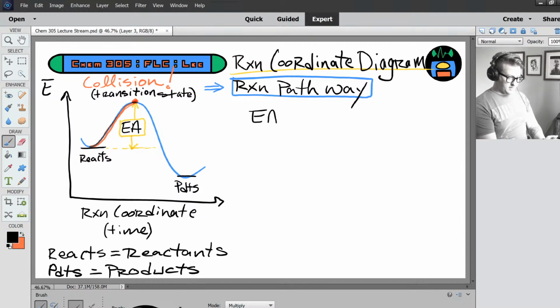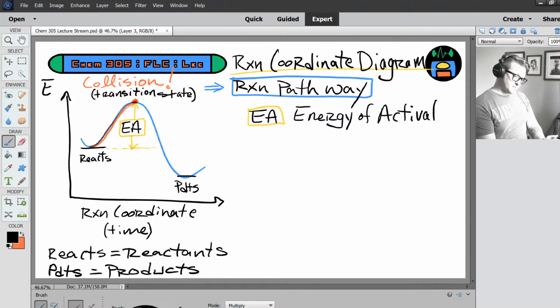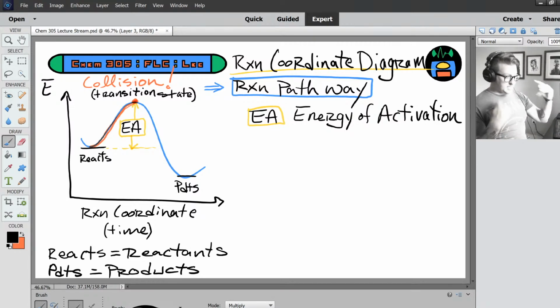So EA is a video game studio. It's also the energy of activation. All right, so there is the energy of activation. It is the difference in energy between the reactants and the transition state.